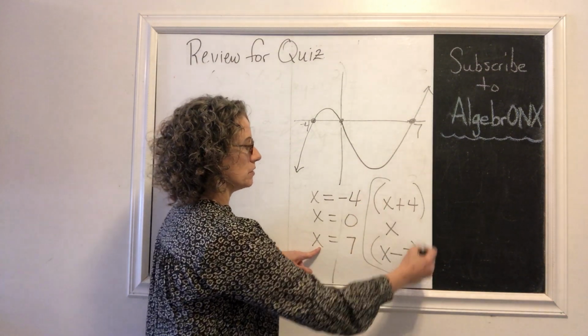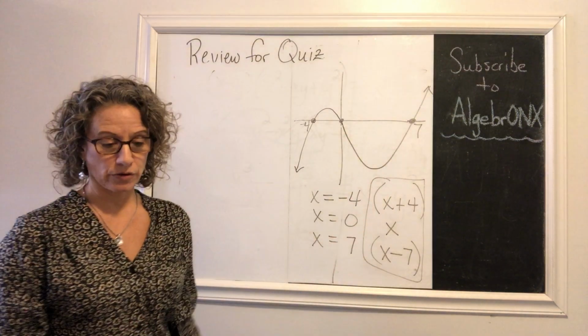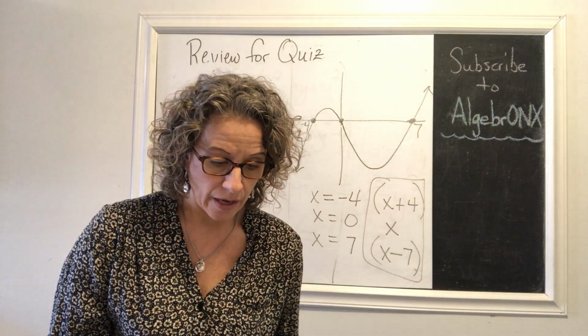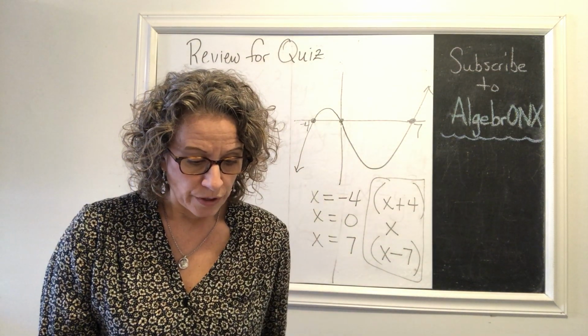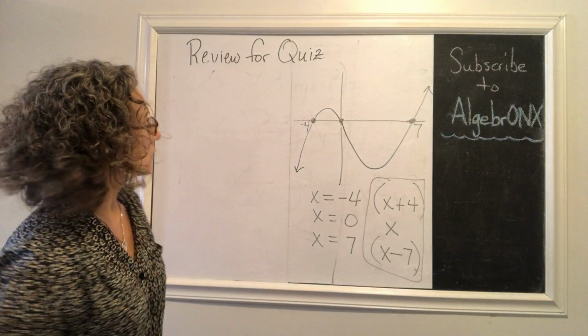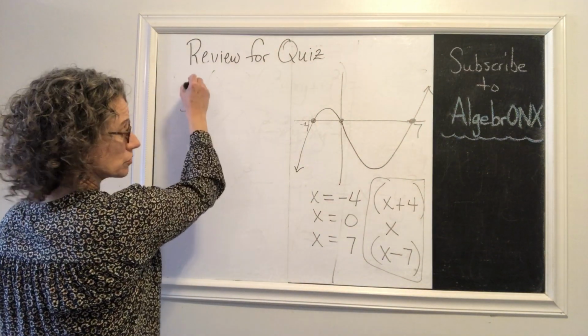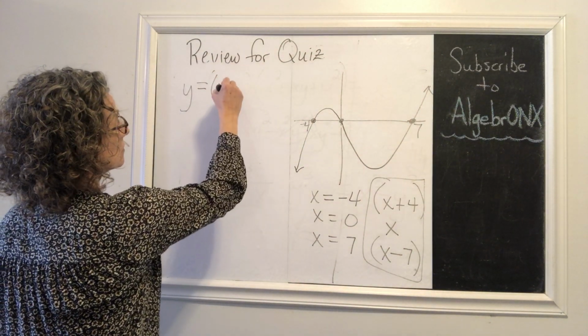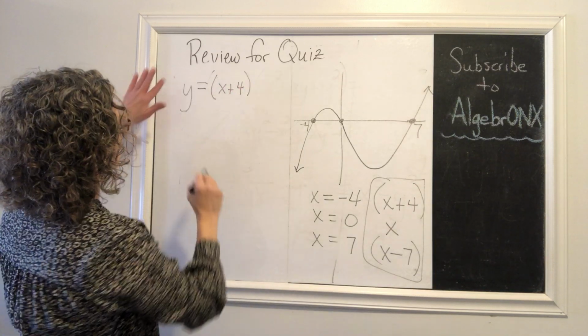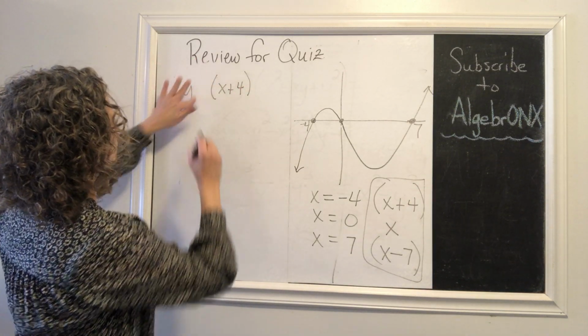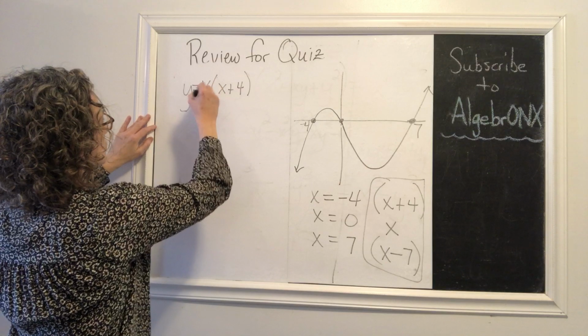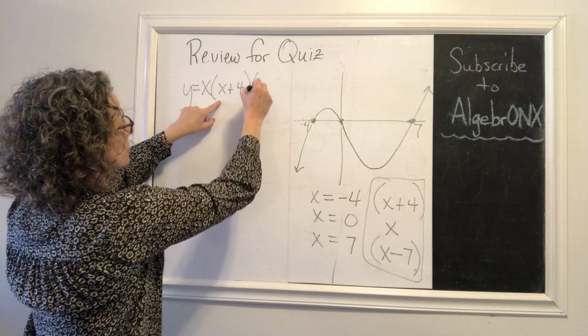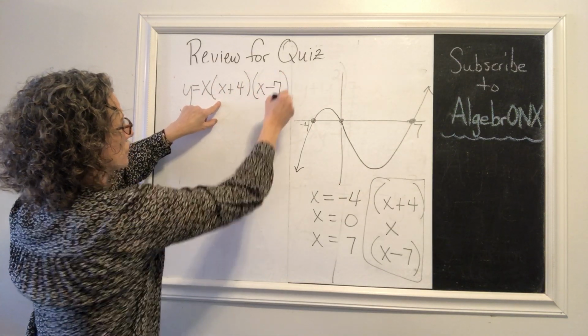These are our three factors of our polynomial function, and we are going to write the equation for it. I'll put my x out in front: there's one factor, two factors, three factors.